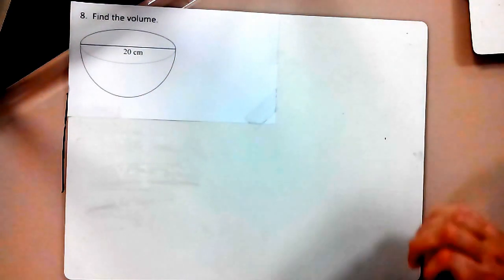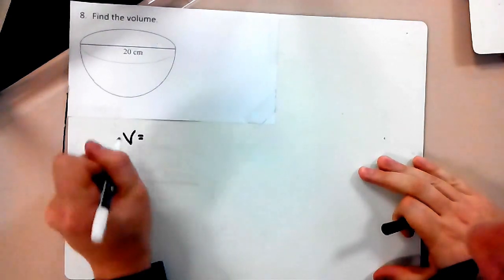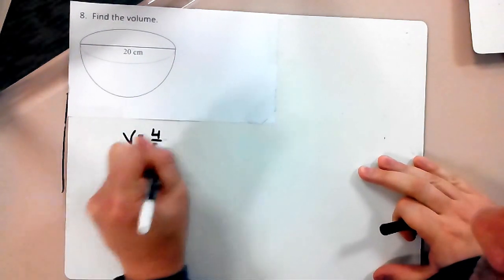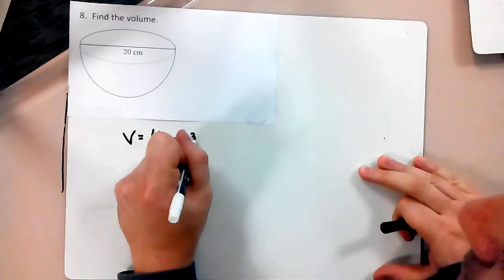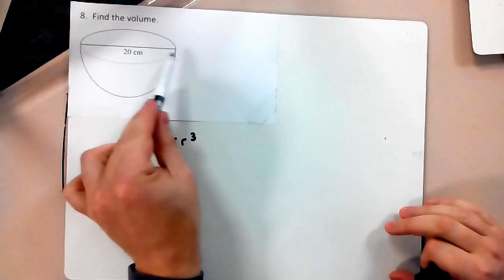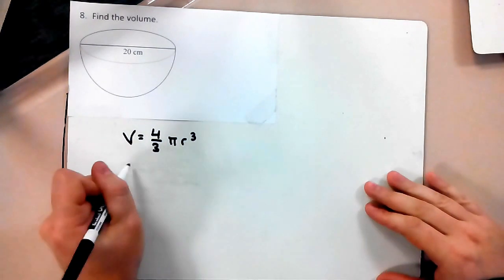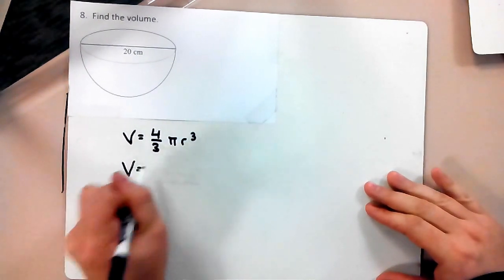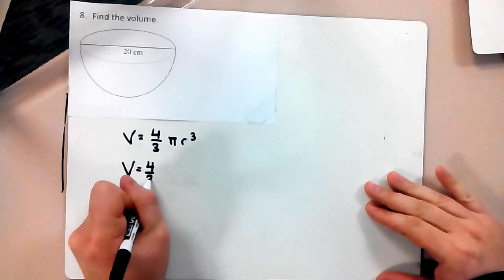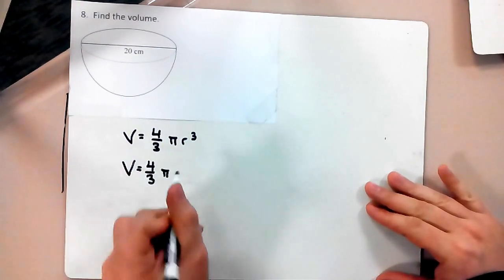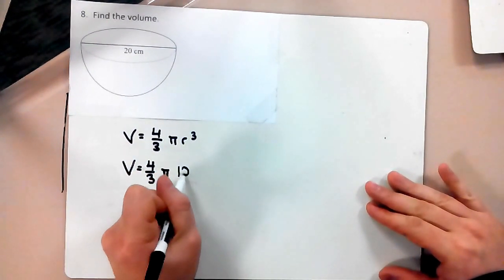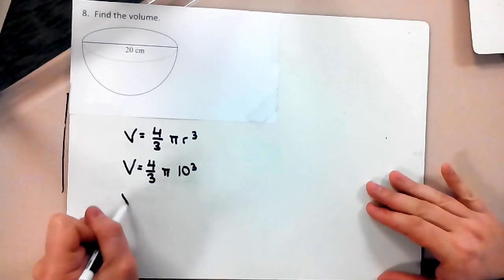So here I have half a sphere. The formula for the volume of a sphere is V equals 4/3 pi r cubed. This 20 centimeters here is the diameter. I need the radius. V equals, I'm going to plug the radius in. 4/3 pi 10 cubed.